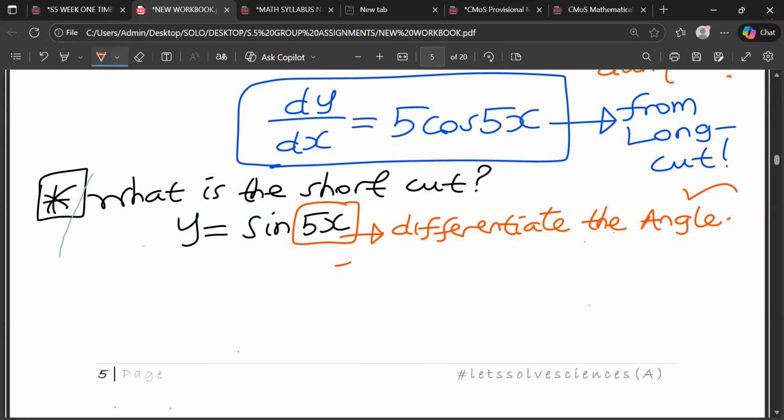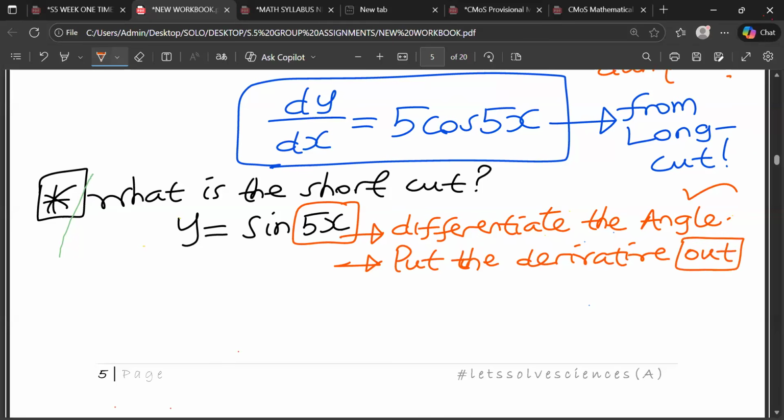After that, put it out. Put the derivative out. We are going to see what I mean by that.